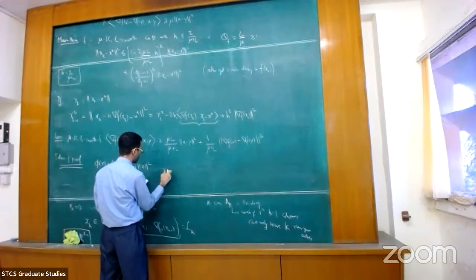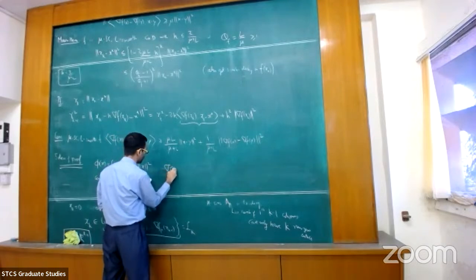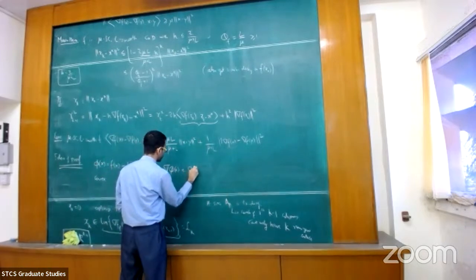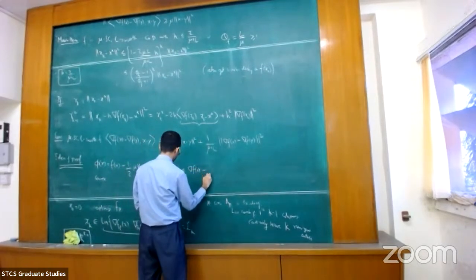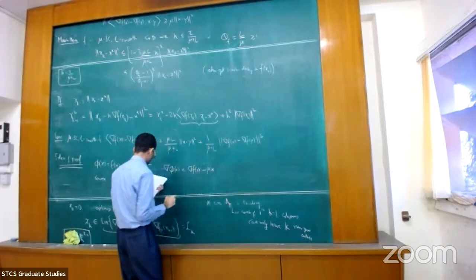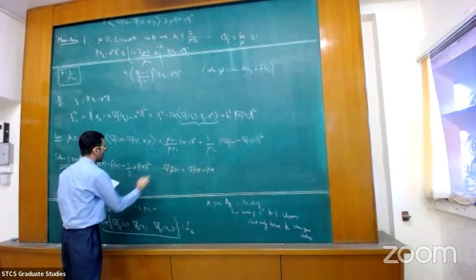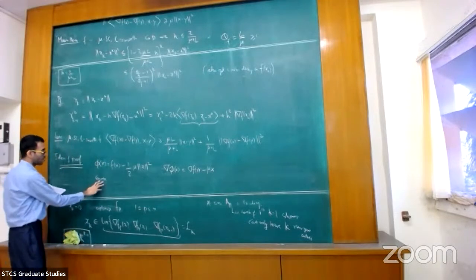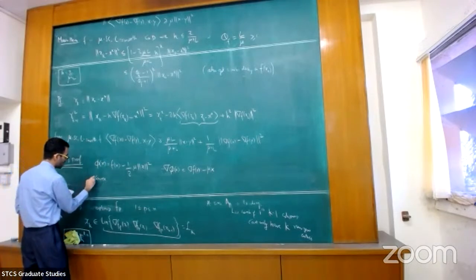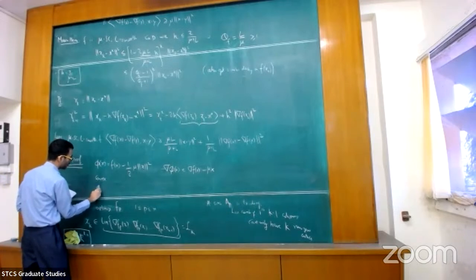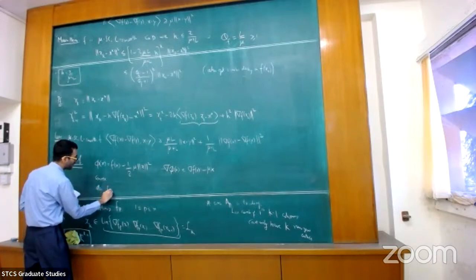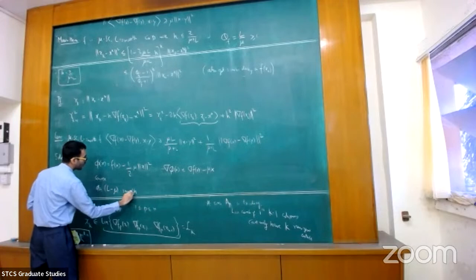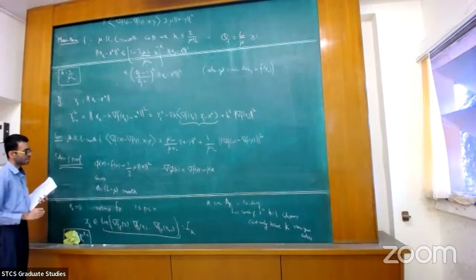So p is convex, and the gradient of p at x is the gradient of f(x) minus mu x. And now, crucially, this is convex, and it is also L minus mu smooth.